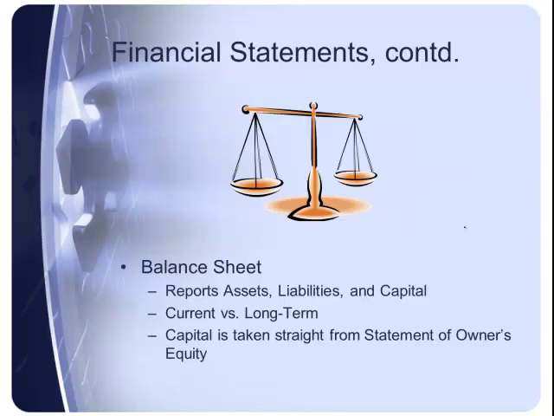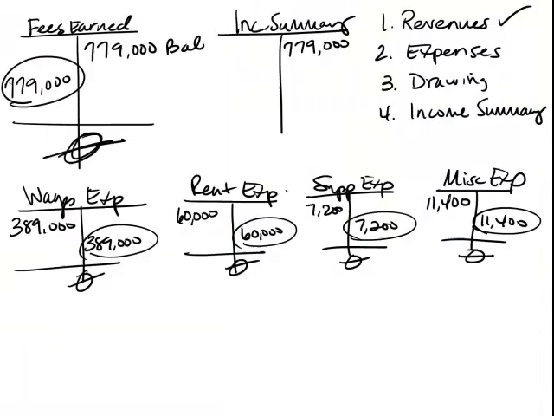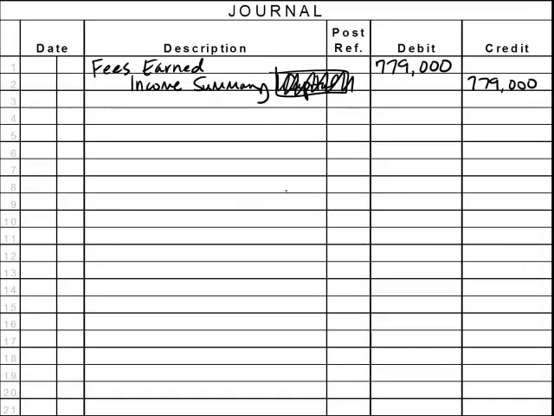Looking back at our rules, we close expenses to the income summary as well. So if we are crediting all of these expenses, what are we going to do in the income summary? Debit.